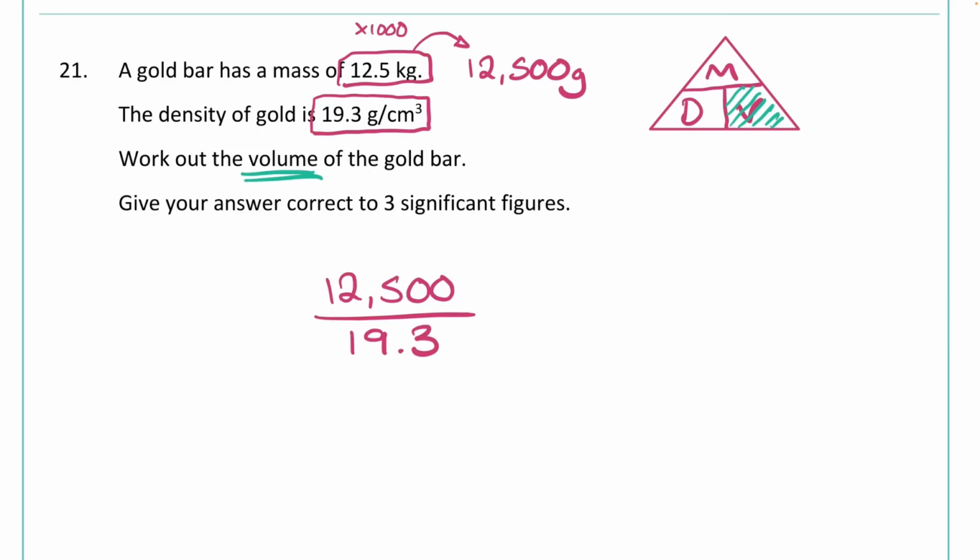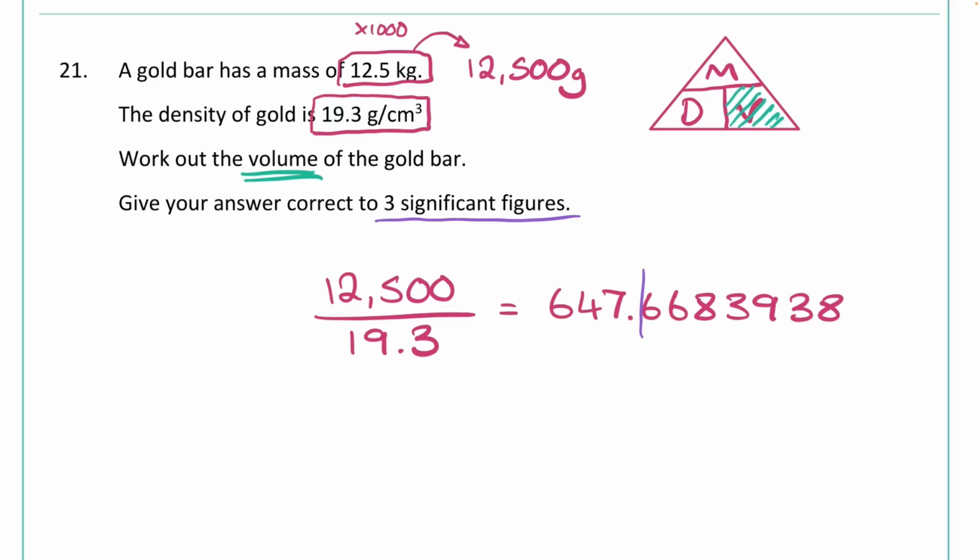The units now match, grams per centimetre cubed. And if we type that in on the calculator, we get 647.6683938, and it wants me to give my answer to 3 significant figures. So the third significant figure here is the 7, which means we have no decimal places.